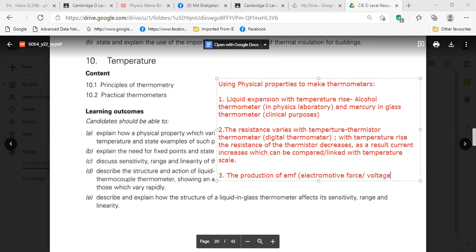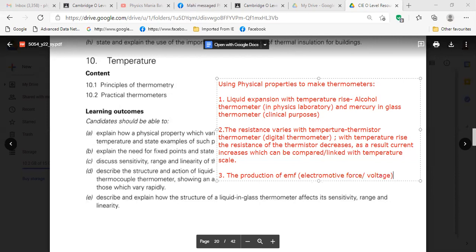There is a little bit of difference between EMF and voltage, but we can understand it now. If there is voltage, that means there is potential difference and there can be electron flow, right? And that is called electricity.